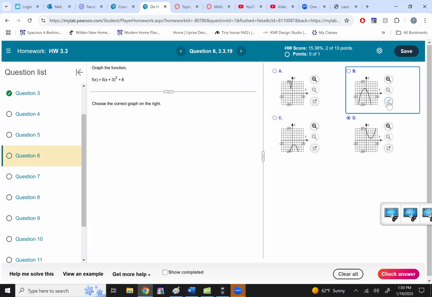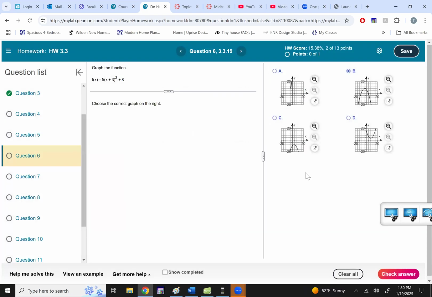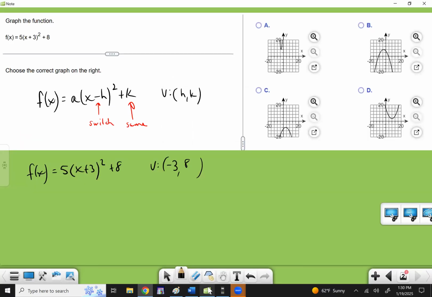Let me go look at B to see if it could be going through -3, 8. -3 could be about right there if each square is worth 4, huh? And then 4, 8. Yep, so this could be in the right spot. Now, the next thing that we have to check, now that we realize that it could be A or B, and that these two are out of here, is we have to figure out which way our parabola is facing.